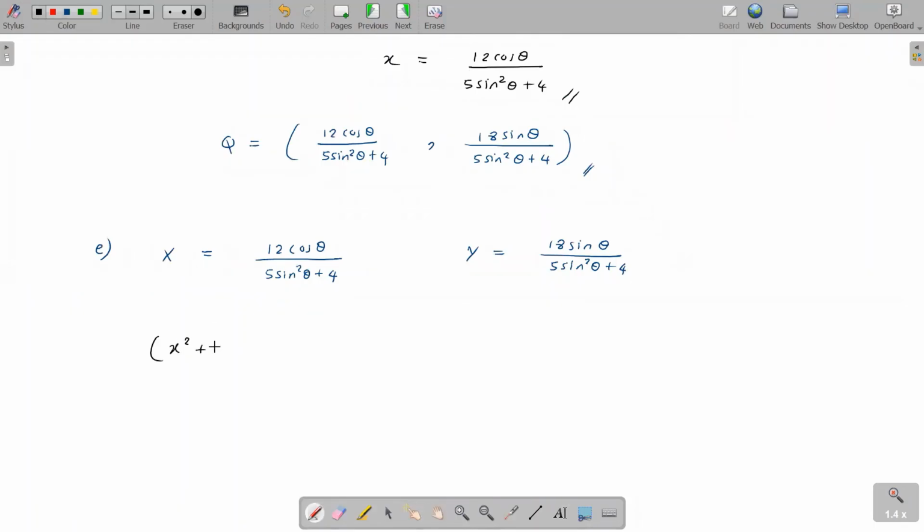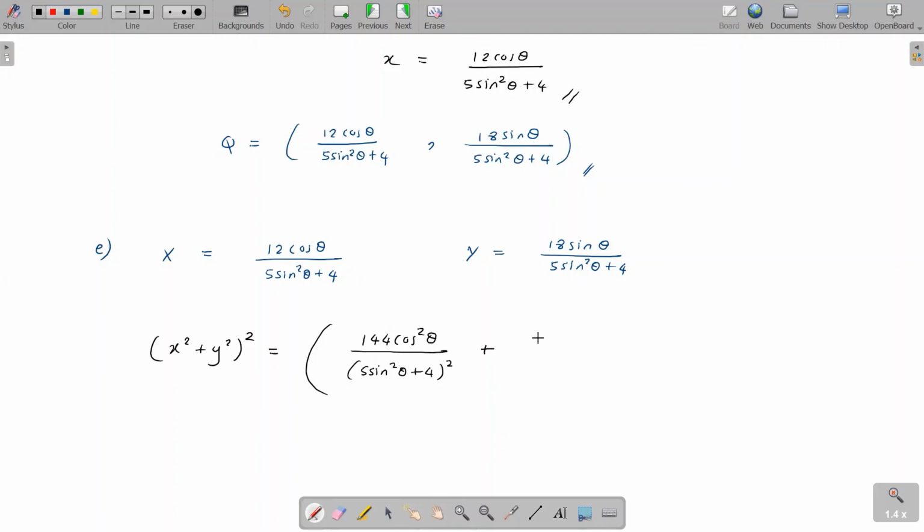x square plus y square, whole square, right? Who is x square now? 12 cos theta over 5 sin square theta plus 4. When you square it, it becomes 144 cos square theta over 5 sin square theta plus 4 whole thing square, plus 18 sin theta. When you square it, what do we get?